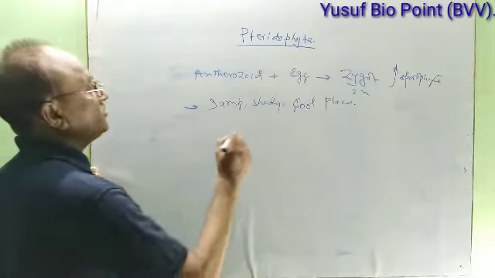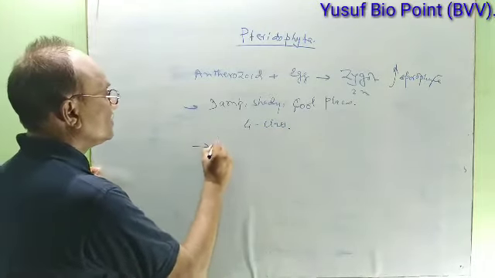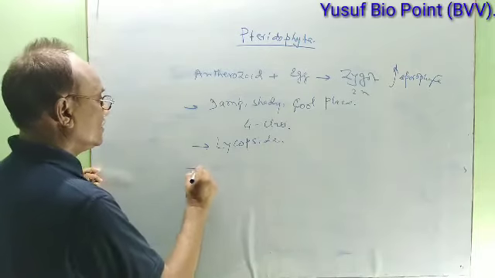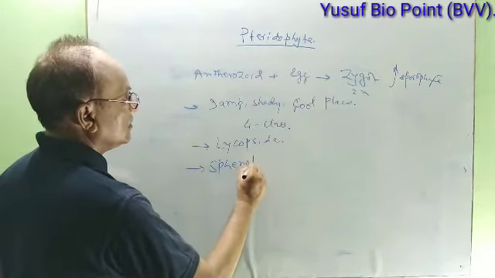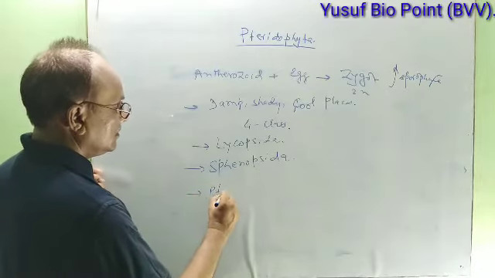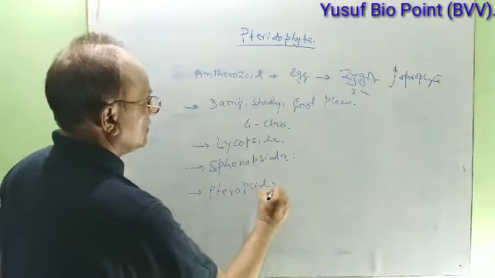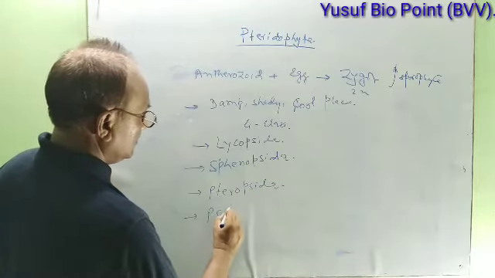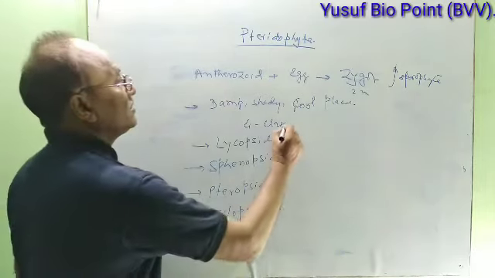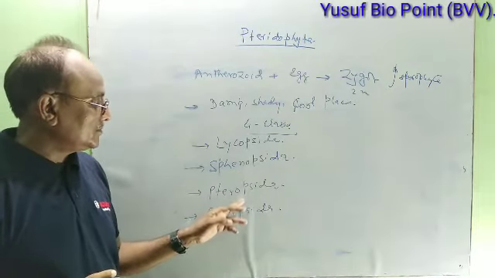And next, it is divided into 4 classes, that is Lycophyta, Sphenophyta, Pterophyta, and Coelophyta.